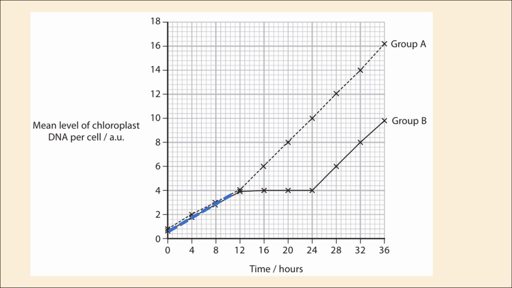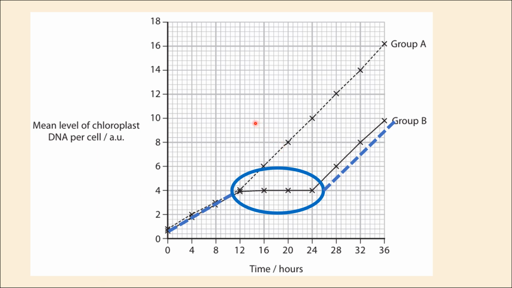After 12 hours, the group is placed in darkness, and we can observe that chloroplast DNA replication stops during this dark period. However, mitosis occurs in the dark. So it means the chloroplast DNA replication happens independently from the cellular division. And when we return Group B to light exposure, you can see the chloroplast DNA starts increasing again.